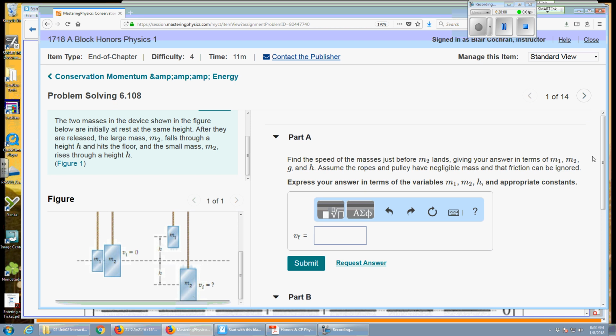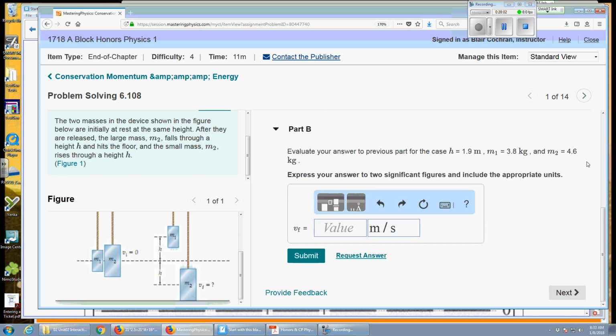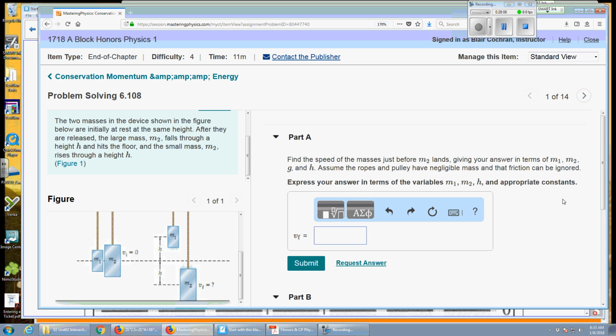Oh, so they want us to leave it in terms. This usually freaks people out because they're like, I want numbers. And then you give them numbers. I don't like math. So you can't win. But we'll leave it in terms of M1 and everything like that. All right. And then we're just verifying it here.